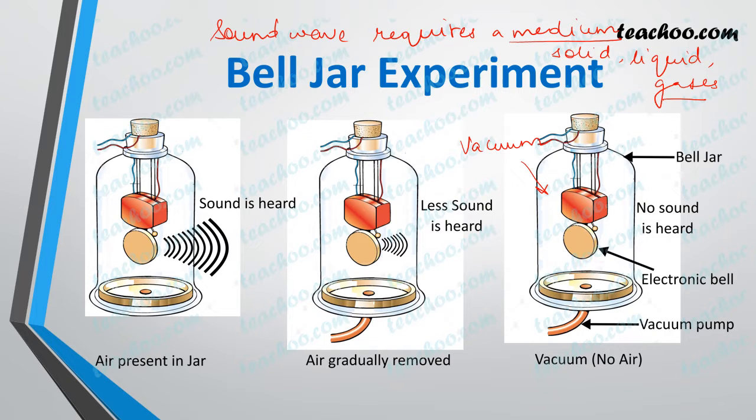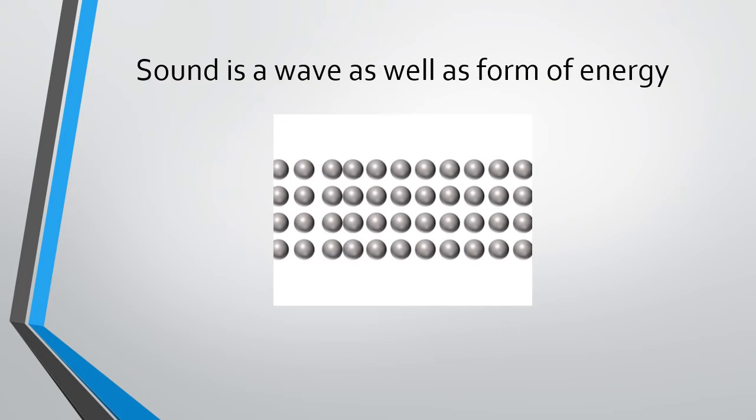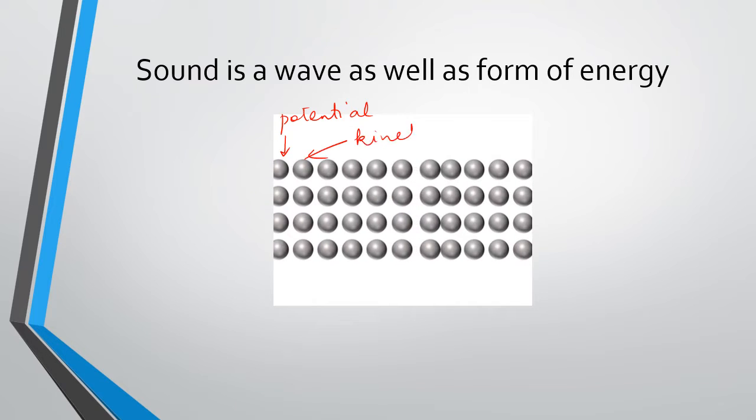sound waves. It is said that sound is a wave as well as a form of energy. Now this can be clearly shown by this diagram, which shows that these particles are moving and dashing each other. While they are moving, this first ball is initially in the potential energy state. Then when it is moving, it goes into the kinetic energy state.